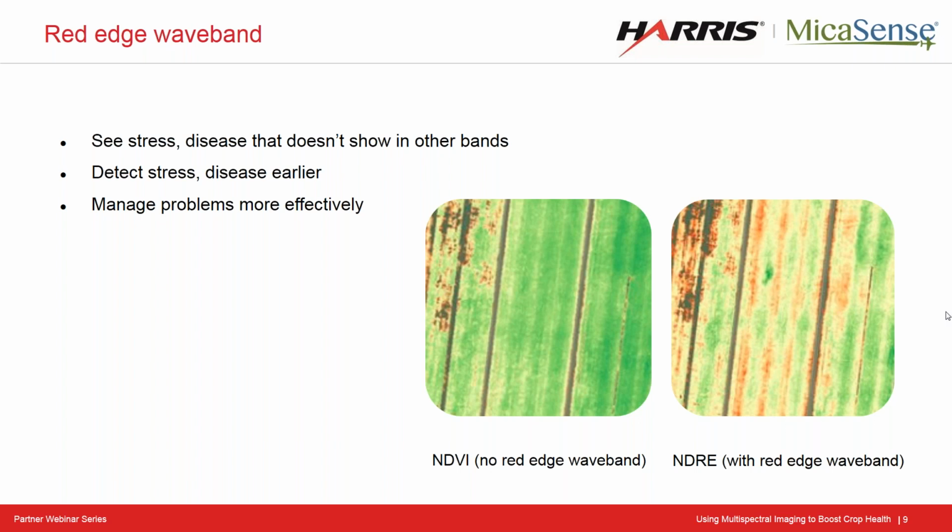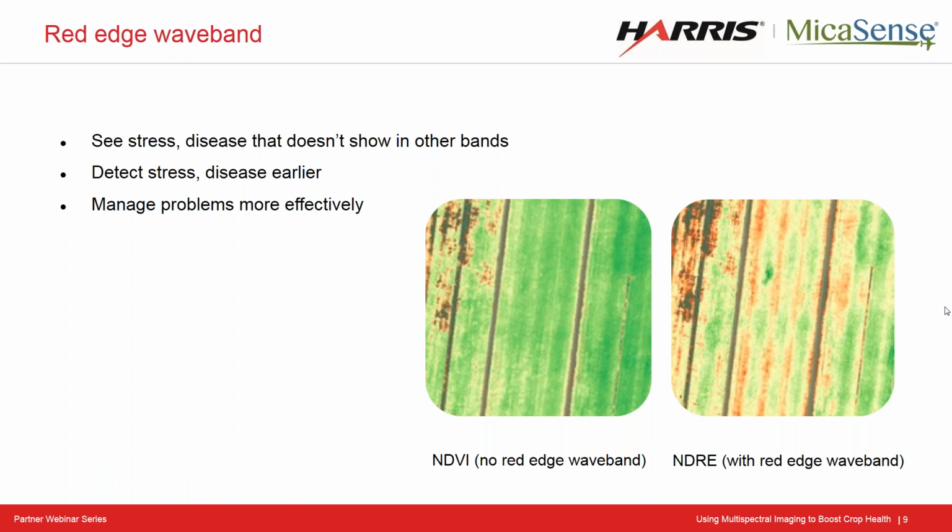And the benefit of having NDRE and other indices that are similar to NDRE is generating a map that shows you variability in chlorophyll content, or a more highly correlated map showing variability in chlorophyll content, whereas an NDVI image is more closely related to a plant's biomass and vigor.